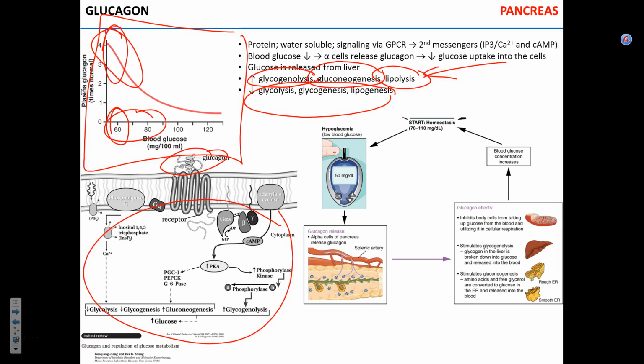So basically, if you think about it, how can we apply it to day-to-day life? If you go on a really, really long run, first you're going to start breaking down glycogen that is stored in your muscle cells and liver. And once you're done breaking it down, what are you going to switch to? What are you going to break down? Fat. Yep, you're going to start breaking down fat.